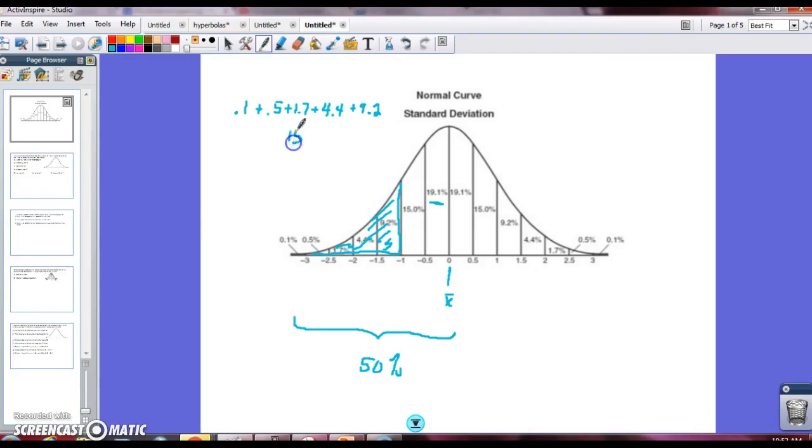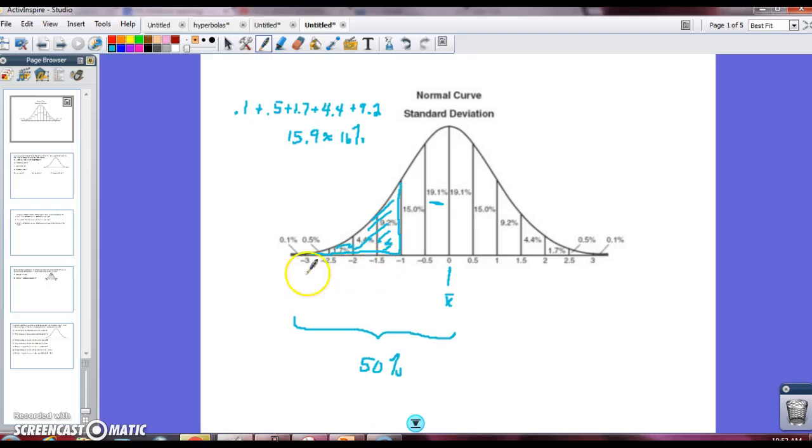And that 15.9 is about 16%, roughly 16%. So one standard deviation below the mean is equivalent to the 16th percentile of your data. Okay, let me say that one more time. One standard deviation below the mean is equivalent to the 16th percentile of your data.